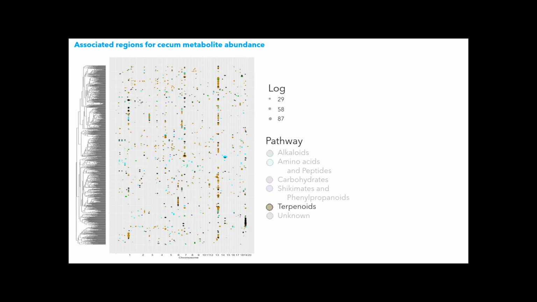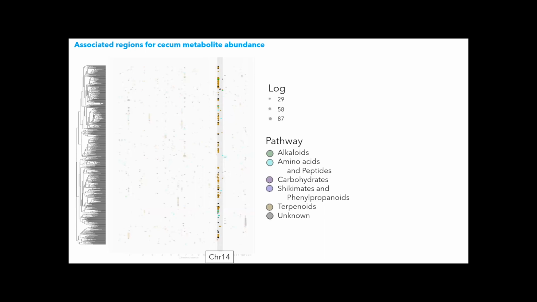As I said previously, 63% of those associations involve terpenoids, and you can see the overrepresentation of this specific category across the association plot. This analysis was focused on identifying trans bands. They are defined as loci that are able to explain variability across multiple metabolites.